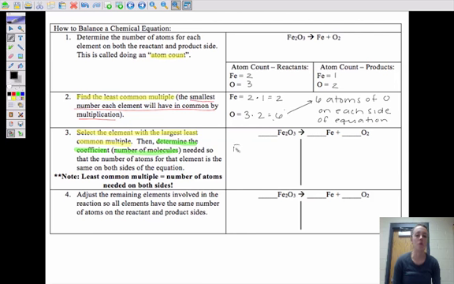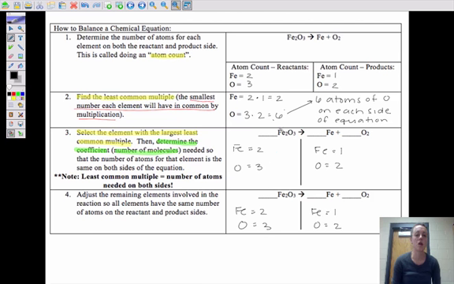But first, I'm going to pull down my initial atom count, and I'm actually going to do it twice. I'm going to do it down here as well, and you'll see where this is going. Alright, so we're going to start with oxygen because that was our largest least common multiple.